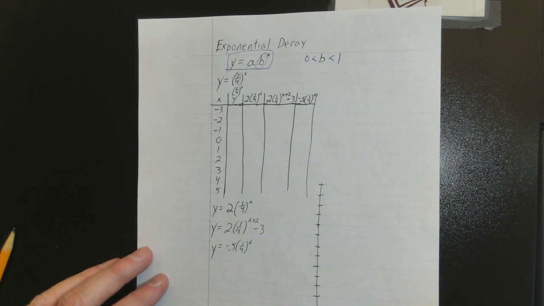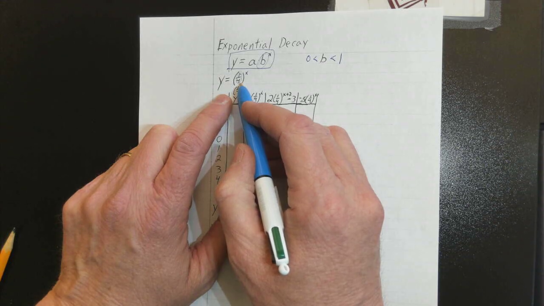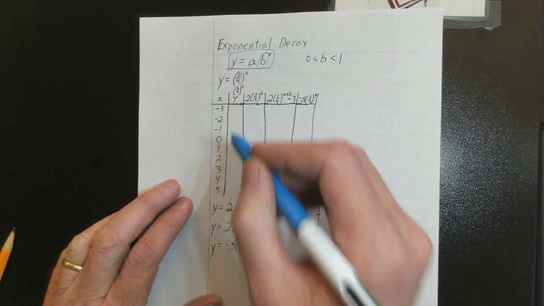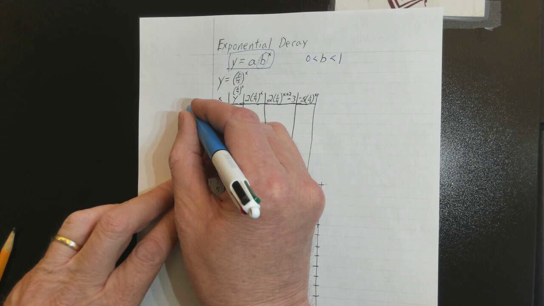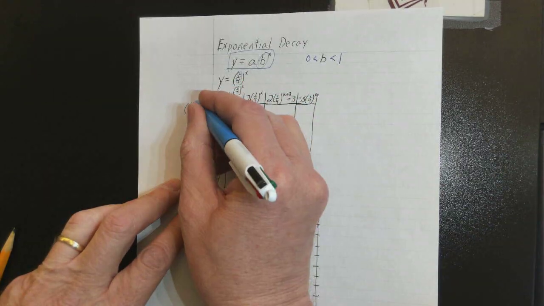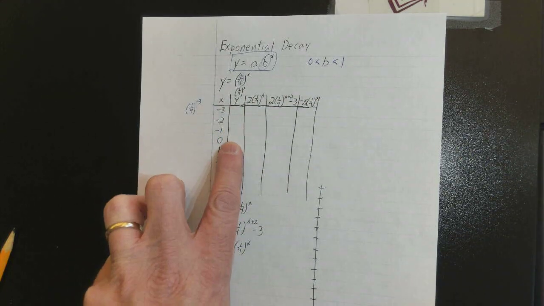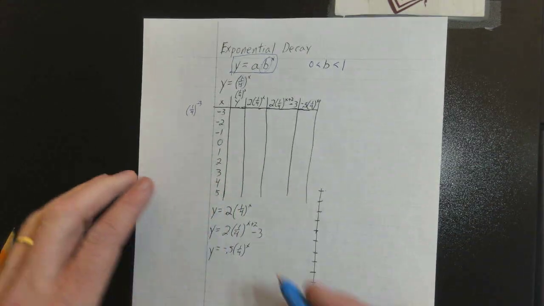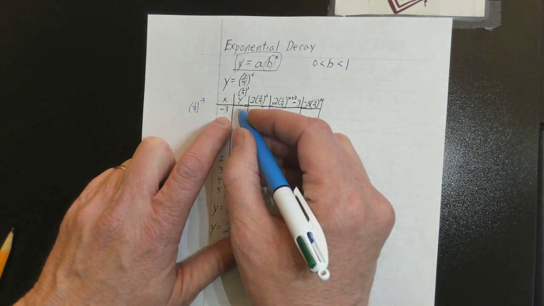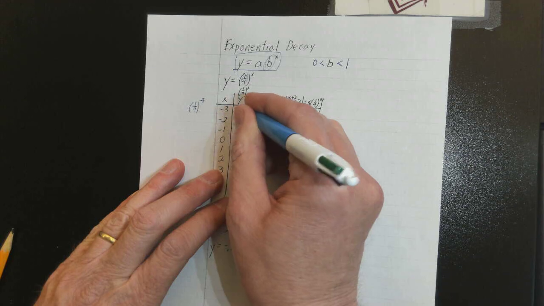B is 1/4 here for this first example. You guys have a calculator handy, because I need to take 1/4 to the negative third power, 1/4 to the negative second power, and so on. Do we have 1/4 to the negative third power? 64.